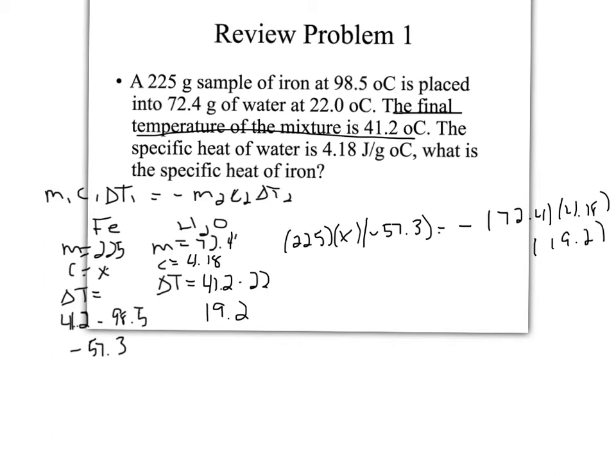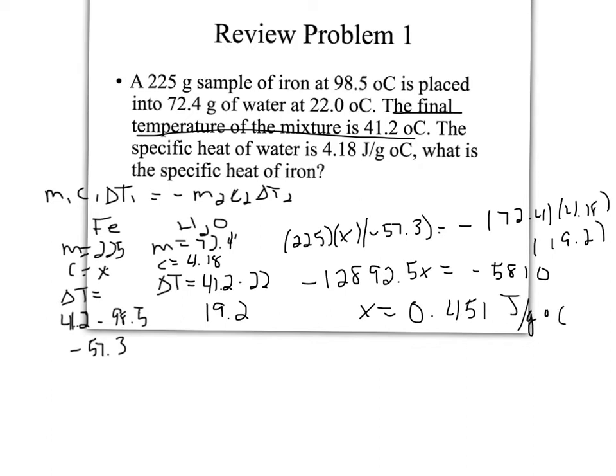So on this side, I get a negative 12892.5x equals negative 5810. So x equals a positive 0.451 joules per gram degrees Celsius.